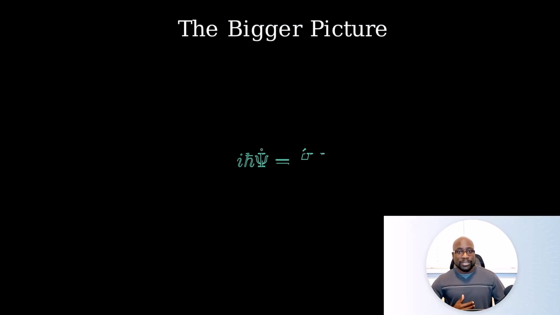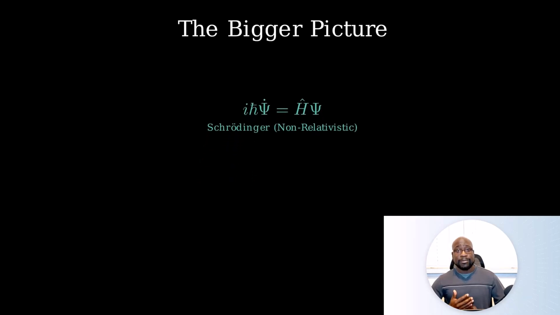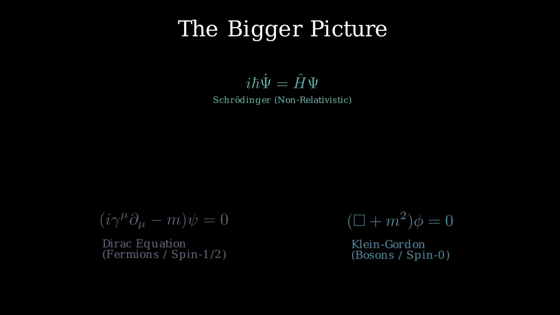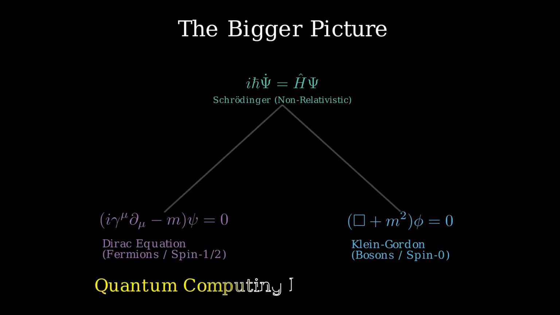For fermions, like electrons at high energies, the Dirac equation is used, which naturally incorporates both quantum mechanics and special relativity. This equation even predicted the existence of antimatter. For bosons, like relativistic photons or other spin-zero particles, the Klein-Gordon equation, which describes relativistic scalar particles, takes over.